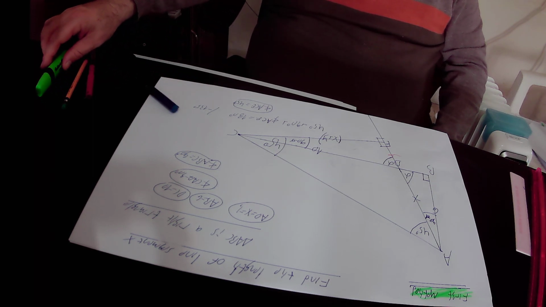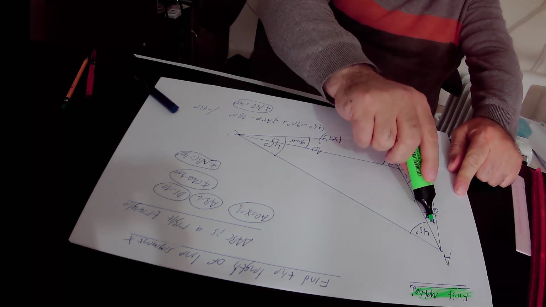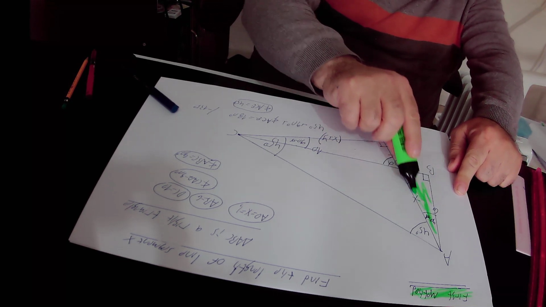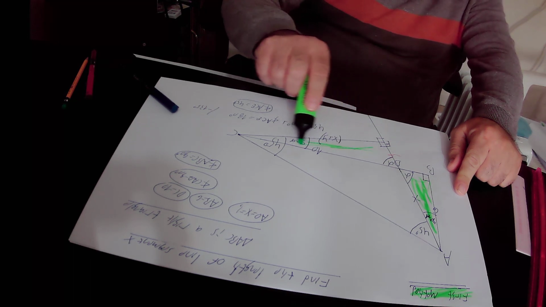Actually, we proved that the two right green triangles are similar to each other.